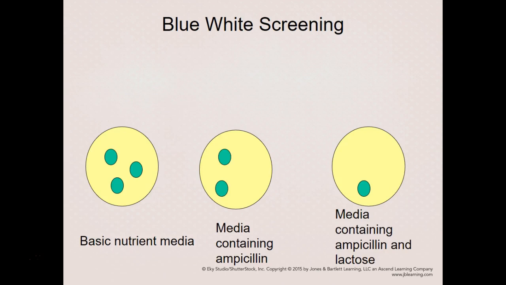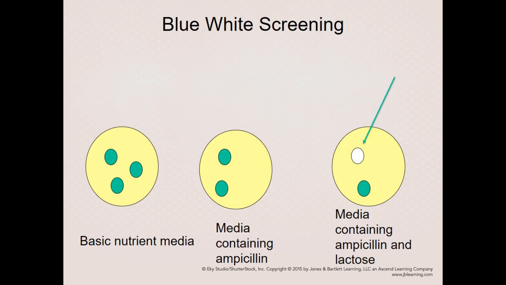And so when we actually plate the bacteria and let them grow, we're going to have E. coli growing and making colonies. So we have to use more than just a nutrient agar. If we use a nutrient agar that we've added ampicillin to, now we're going to have less colonies grow because only those colonies that contain the plasmid will grow.